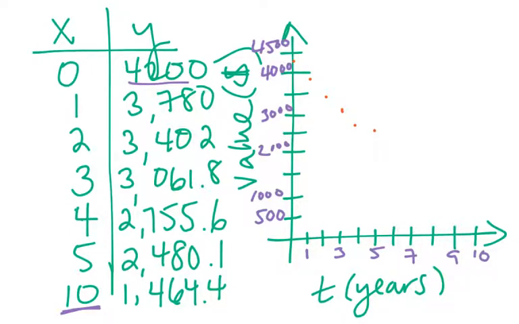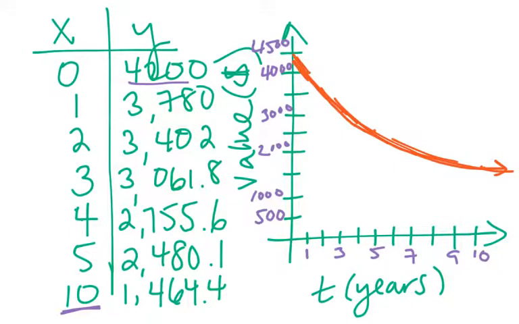I'm going to go all the way out to year 10. That's about 1,500, so it goes all the way down to here. I know that this is exponential, so it should curve. And we could take this graph out even further if we wanted to see it approaching 0 more closely. But that's pretty good for a rough graph.